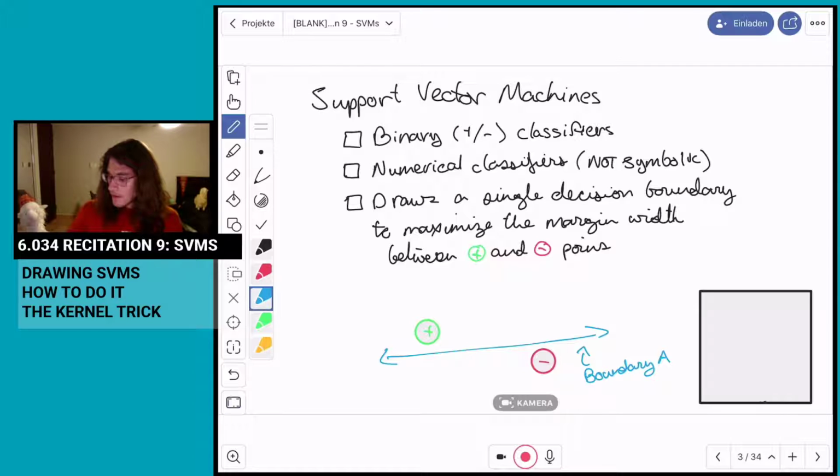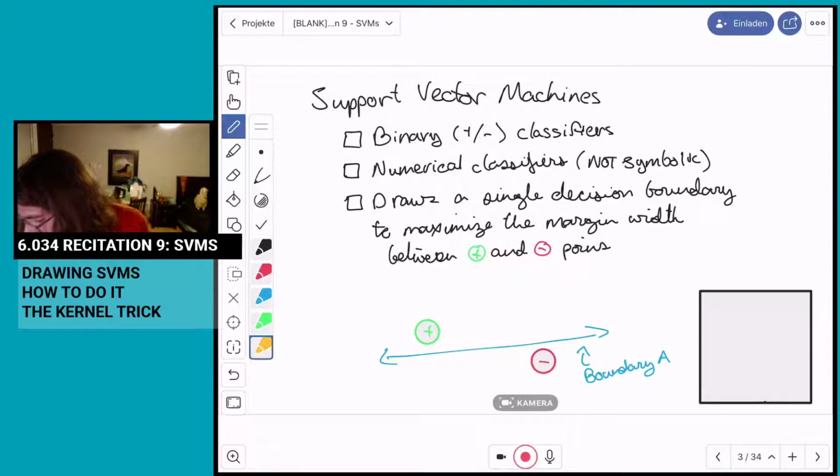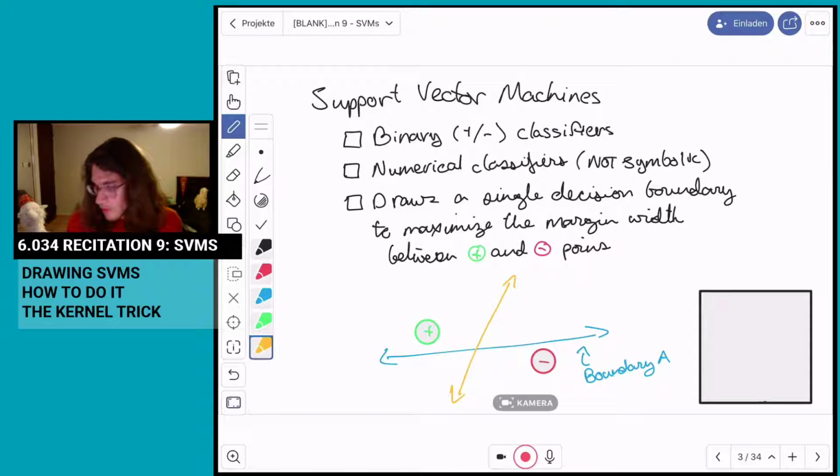But support vector machines aren't a greedy search. They're an optimization process. So we are maximizing the boundary between the 2 points, like so. And there are other advantages that you'll see throughout this recitation of support vector machines over neural networks.